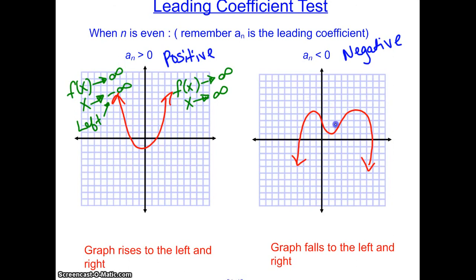Okay, now let's look at when a is negative. On the left, the end behavior, your function is going down, negative infinity, as x goes left. On the right side, your function is going down as x approaches positive infinity, because again, you're talking about the right side.